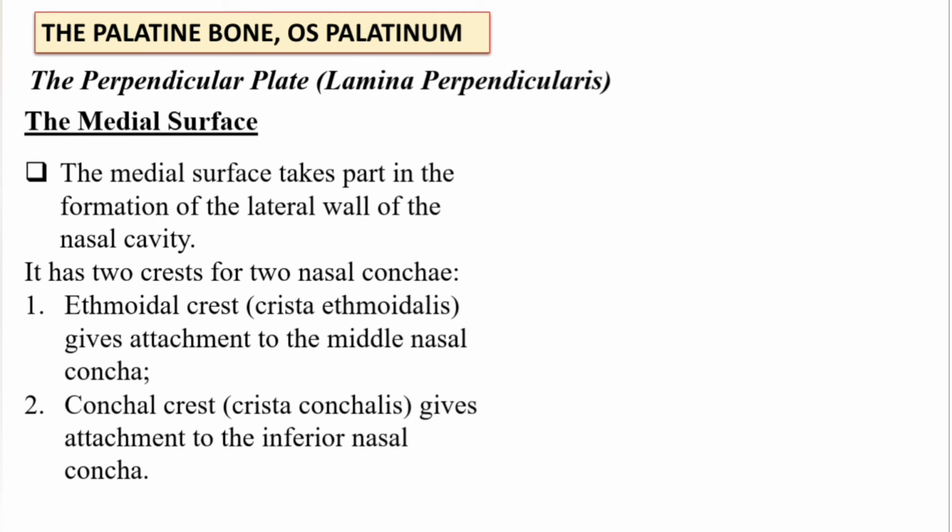The medial surface takes part in the formation of the lateral wall of the nasal cavity, and it has two crests for two nasal conchae. The first one is the ethmoidal crest, crista ethmoidalis, which gives attachment to the middle nasal concha, and the conchal crest, crista conchalis, which gives attachment to the inferior nasal concha.